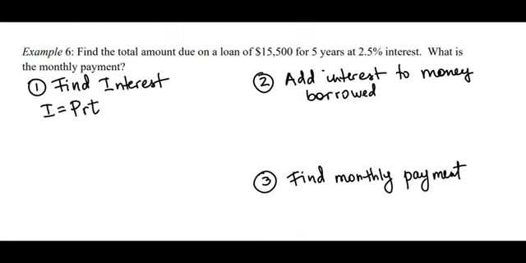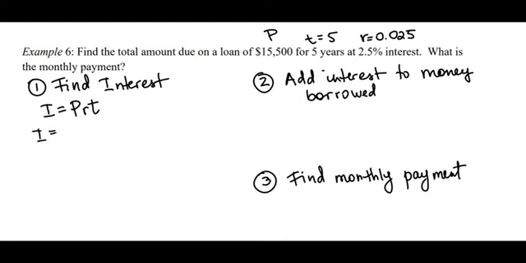Okay, so 15,500 is P, T is 5, and the rate is 0.025. All right, so let's drop it in.